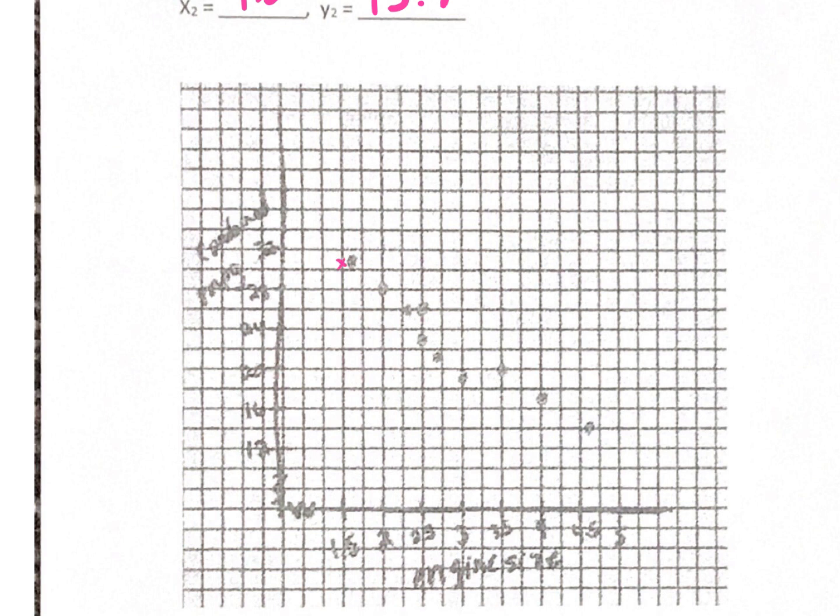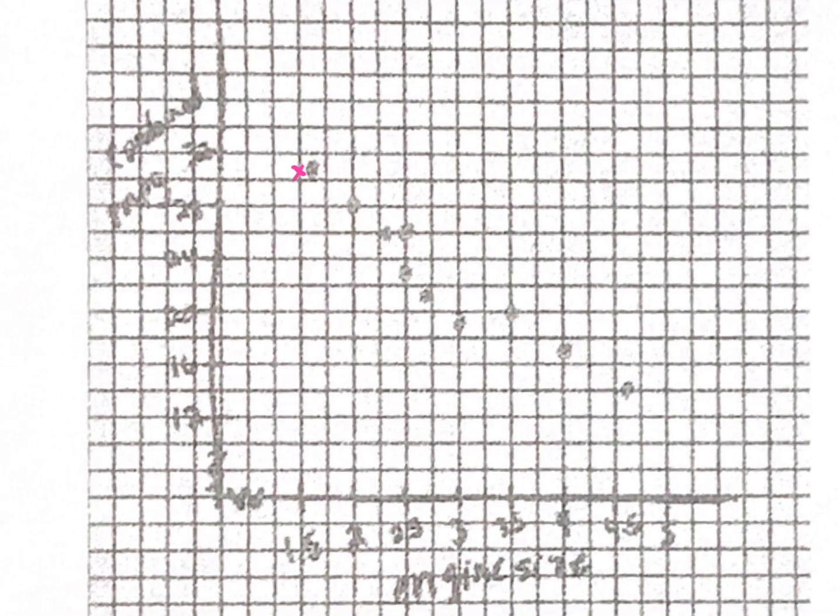And I'm going to put an X at that spot. And then at 4.5, and I'm at 13.7. I'm going to make this bigger so that I don't mess up. It's just under 14, right, for that one.